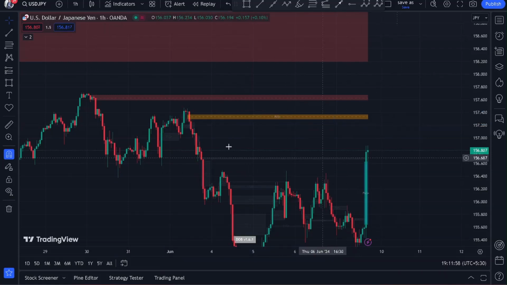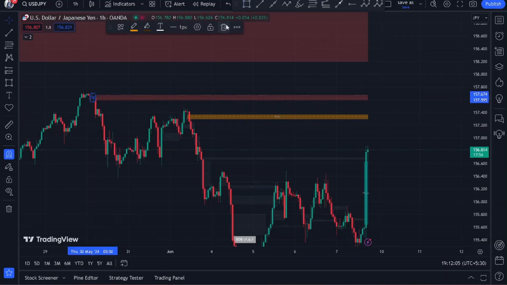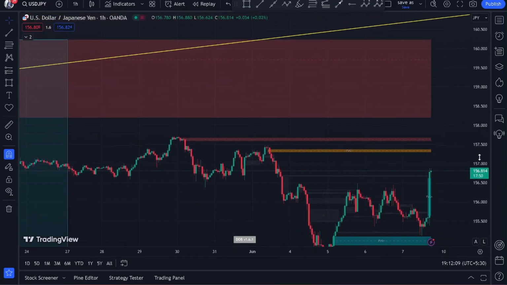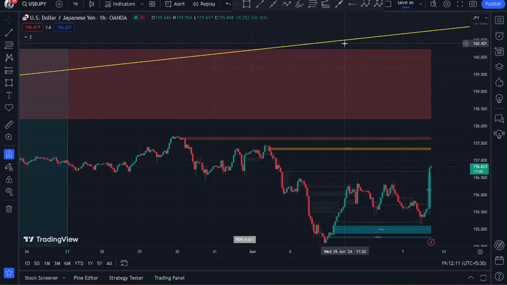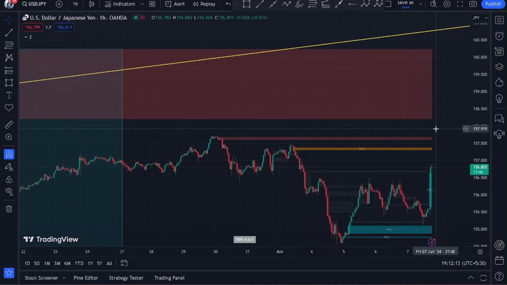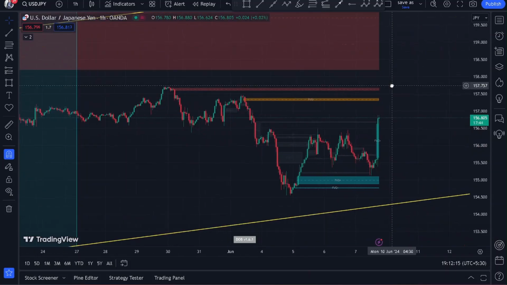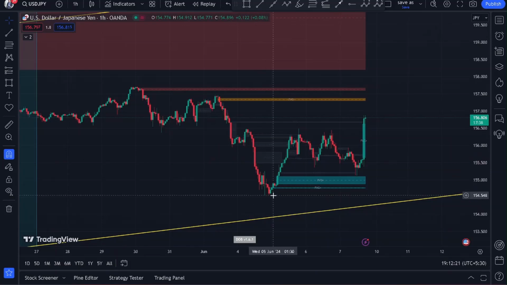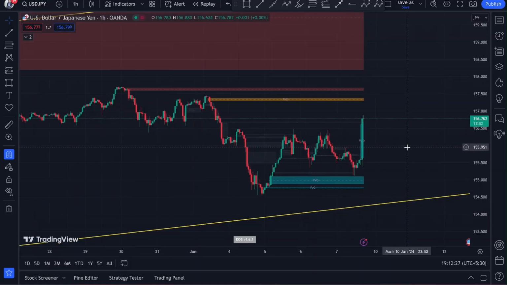Not with this little order block over here, because the main thing here is this mega order block. Plus we have an upside trend line which is kind of a resistance, and the reason is that first we have the impulse to the downside, then price goes sideways, retested the fair value, and now it's making the highest volume, strongest candle.